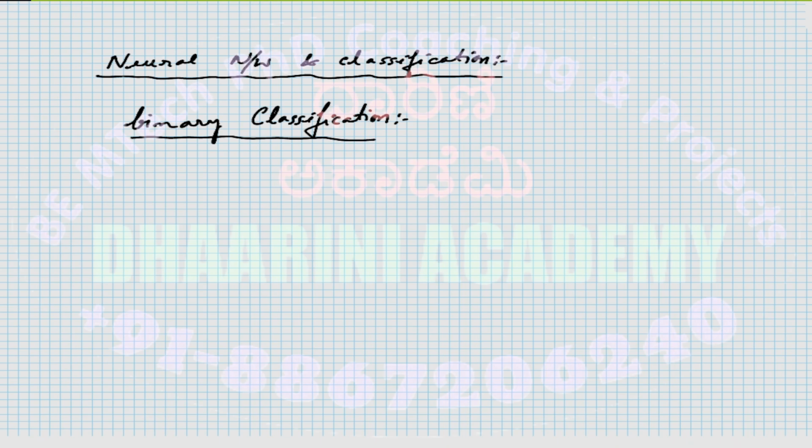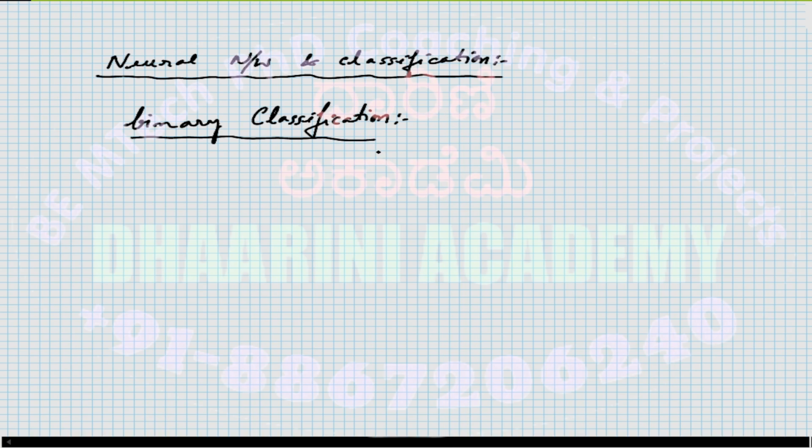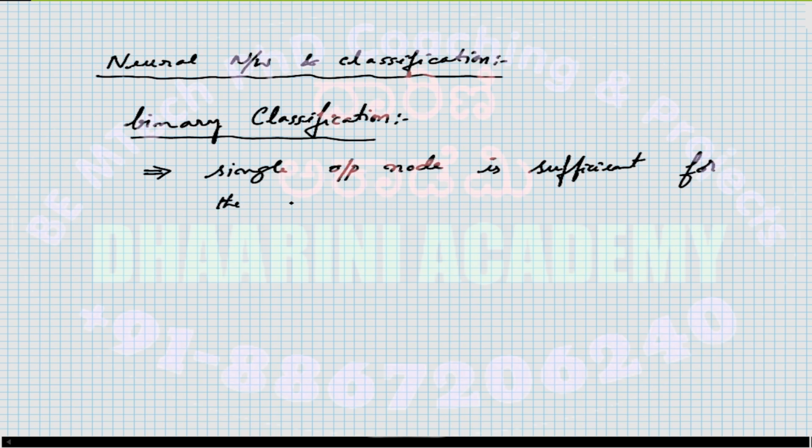Okay. So, binary classification is a type of classification where the neural network requires only a single output node. What do you mean by binary classification? It means one or single output node is sufficient for the neural network.